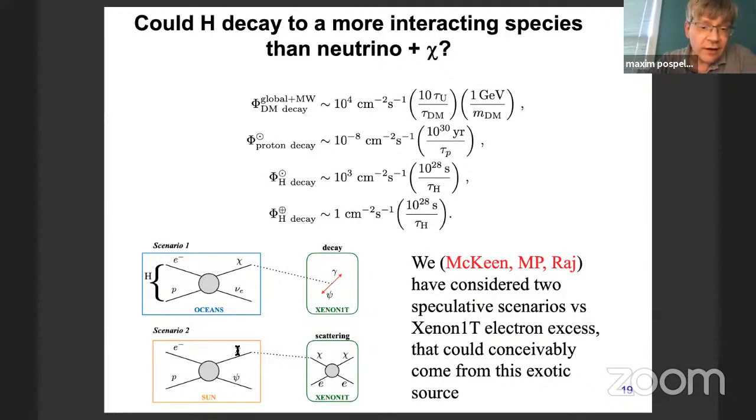And because you have a large amount of hydrogen in the sun and on the Earth, you can actually estimate the maximum fluxes of these particles that you can expect out of these hydrogen decays, including this bound from Borexino. And you get fairly sizable fluxes in principle as maximum fluxes, which could be used to explain some unexplained excesses, for example, in dark matter signal. But this is very speculative.